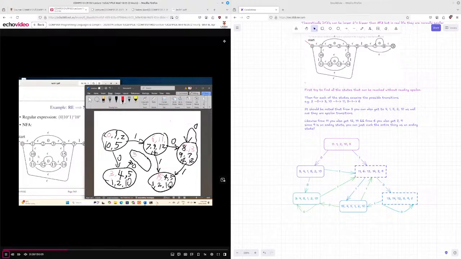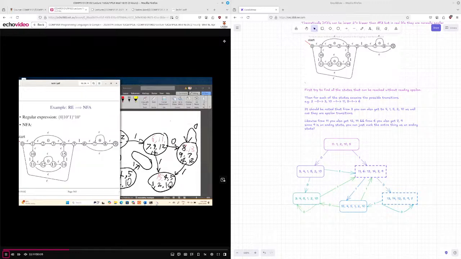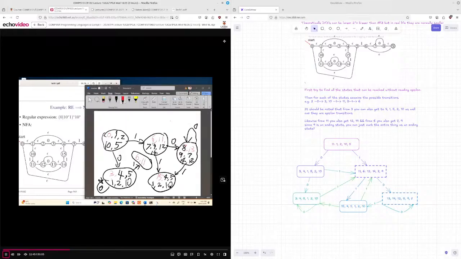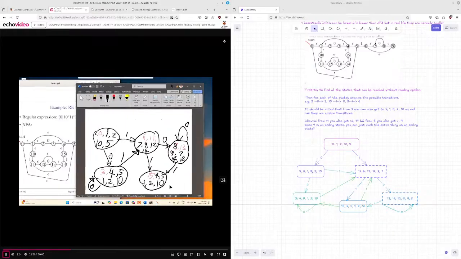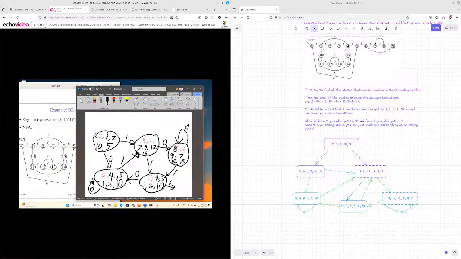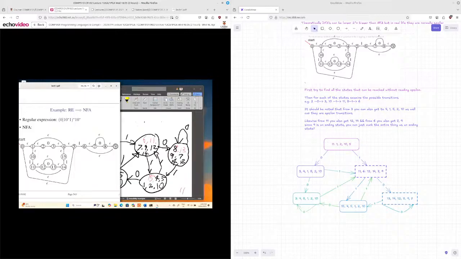Then from 10, we can do 3, 4, 5. 3, 4, 5. Once we're at 5, we can go to 10. So that's it.